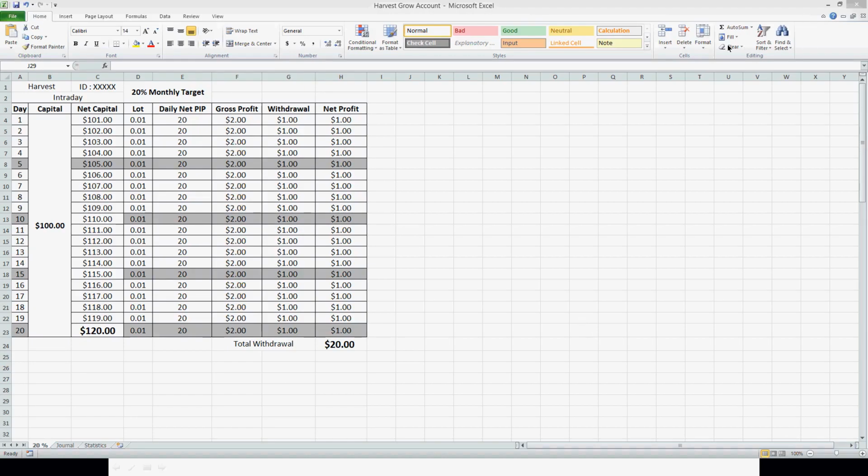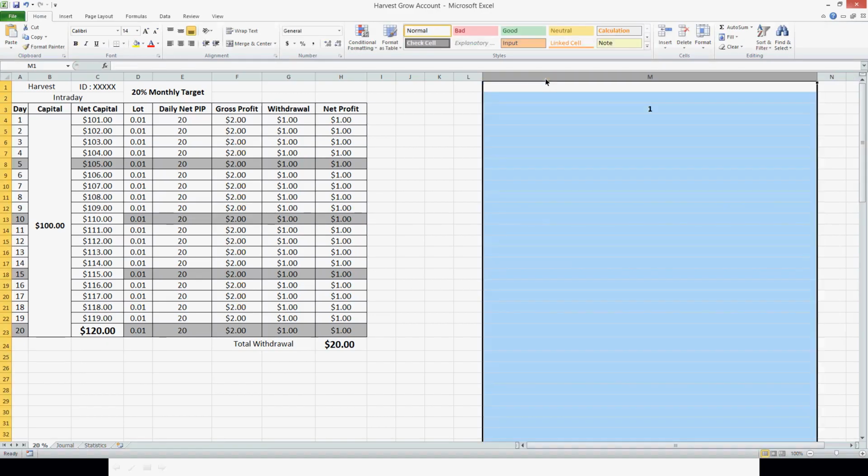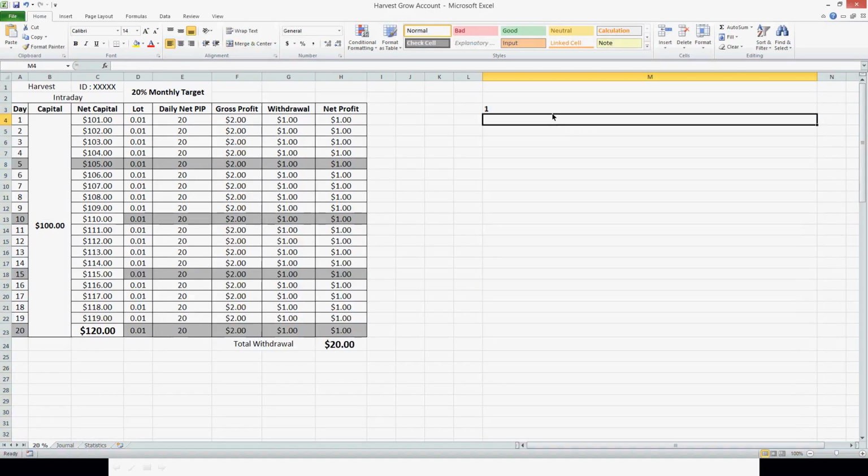Okay, I'm just sharing how I grow my own account. This is how I usually grow my account. So for example, let's say that you start your account with a $100 account. The first thing you need to know is that you have to identify, hang on, I will just write it in for you guys.